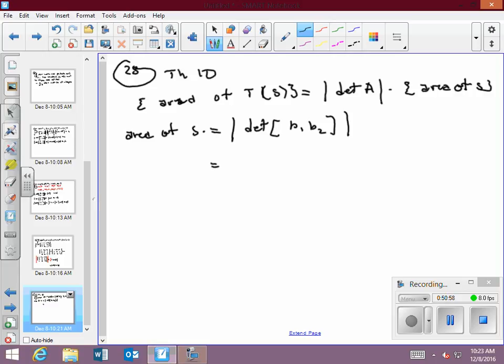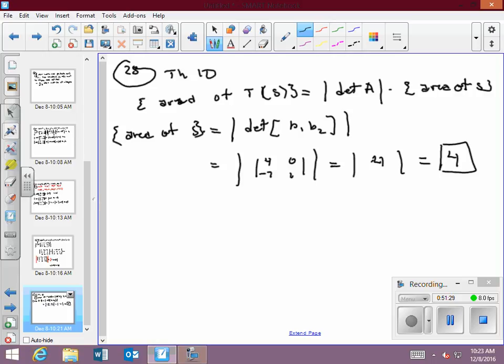Which is equal to the absolute value of the determinant of 4, minus 7 and 0, 1. Absolute value of 4, which is 4. That's the area of S.